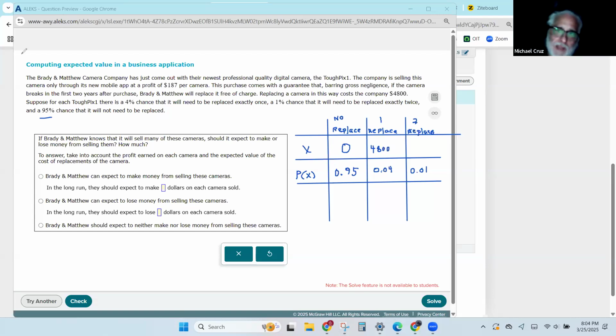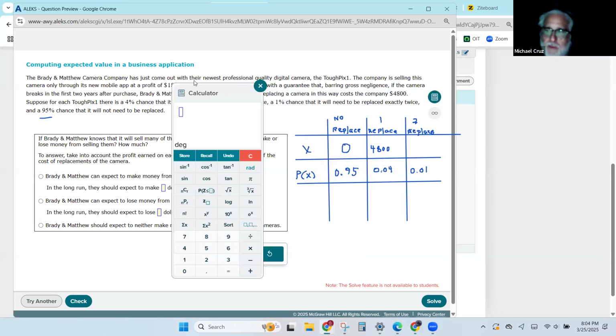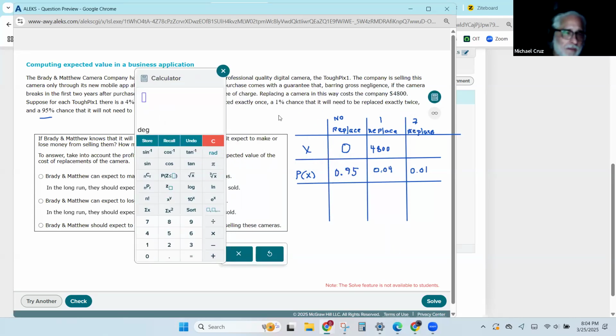So you tell me, for the last little line there, if they have to replace it twice, then how much are they shelling out? $9,600, because it costs them $4,800 each time. So there's 9,600.